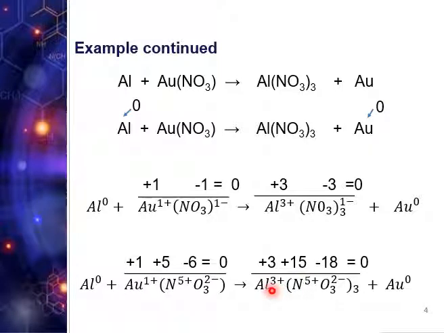Aluminum is a plus 3 from the columns. Oxygen's a minus 2. 3 times a minus 2 is a minus 6, times 3 is a minus 18. So we have a positive 3 from the aluminum and a minus 18 from the oxygen. We have to have a positive 15 for the nitrogen. And there are 3 times 1, 3 of them. So each nitrogen is a plus 5. So we're going to be looking at the individual element.